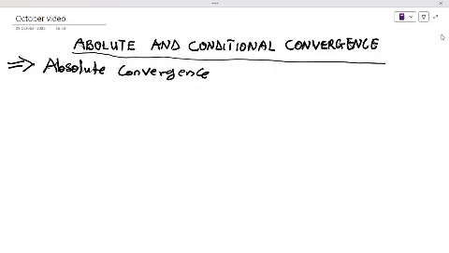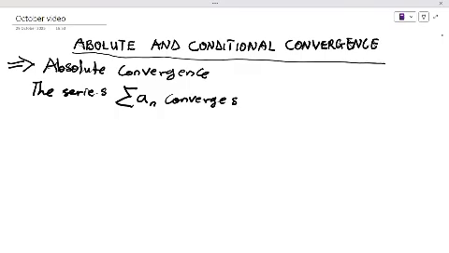All right, so let me quickly write something down here for you to see. Okay, so let me start by saying the series a sub n converges absolutely if the absolute value converges.